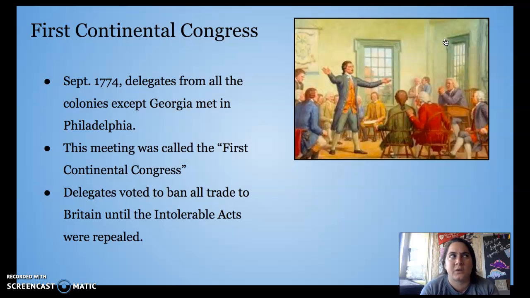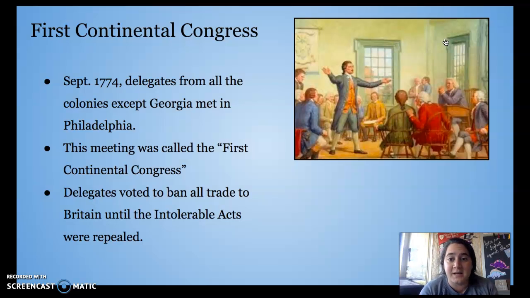Revolt's kind of a dramatic word, but to defy Parliament. Delegates from all of the colonies except Georgia met in Philadelphia. Later, we find out that Georgia actually didn't send any delegates, but they still voted to do what the delegates decided at the First Continental Congress.